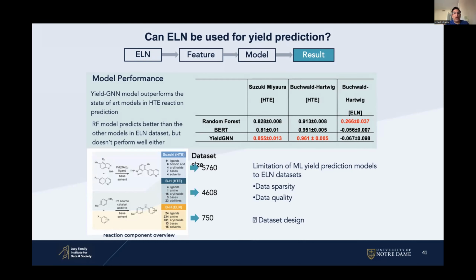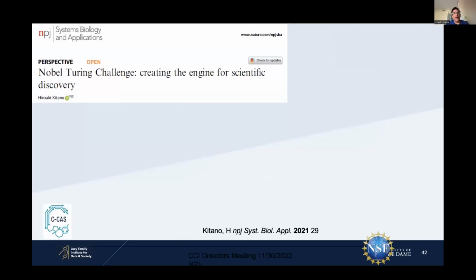So that's a challenge for us: how do we go from the 750 highly sparse, low quality data points and learn everything that we can to see what kind of yields will be more optimal. So instead of writing a paper on, hey, look how our method is doing, we wrote a paper that said, lessons learned, we are not ready yet, which was still a good exercise in many ways.